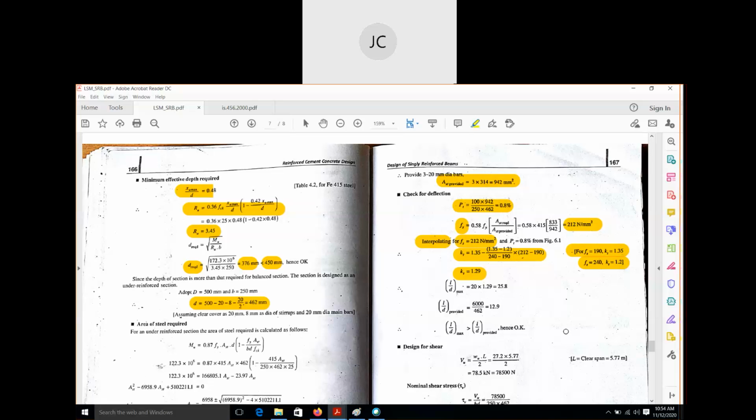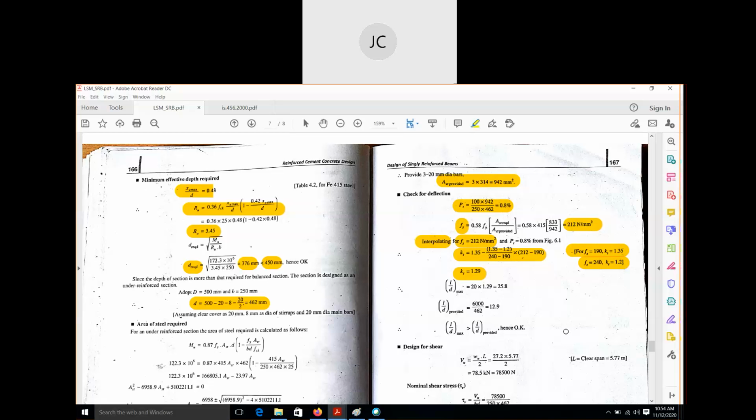Now after getting the value of this modification factor, what do we have to find out? We have to first find out the maximum value of L by D. L means your effective span divided by your effective depth.